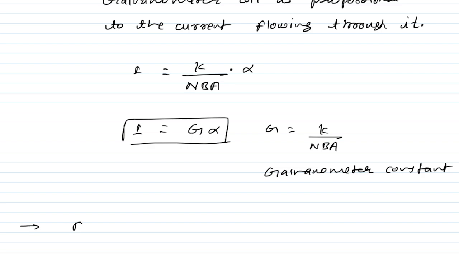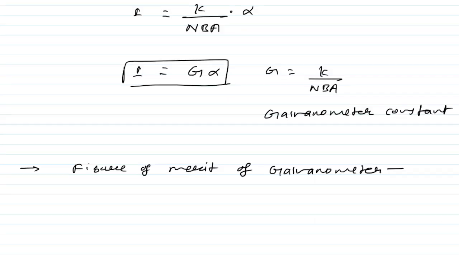Now, there is a term called the figure of merit of a galvanometer. This G is called the galvanometer figure of merit.